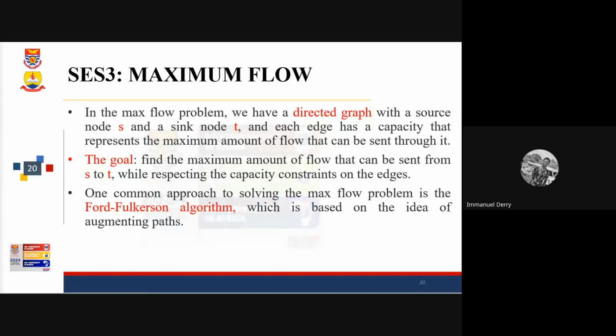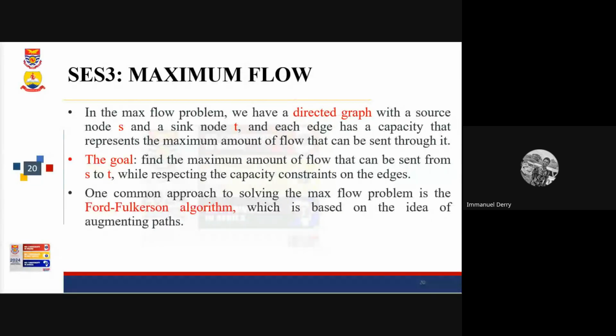And we can model this as how the water from the water reservoirs is pumped into various houses. So the reservoir happens to be the source node, and then our various houses are the sink node, which is the T. And whichever tubes are connecting from the reservoirs to our various houses happen to be the edges. And we realize that each of the tubes has a water capacity they can hold.